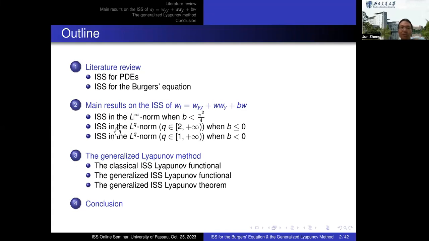In particular, I will present how to prove the ISS in different norms for the Burgers equation with different coefficient B. In section 3, I will introduce a new notion called the generalized ISS Lyapunov functional. We will show how to establish the ISS for general control systems by using the so-called generalized ISS Lyapunov functional. Then I will provide some concluding remarks.